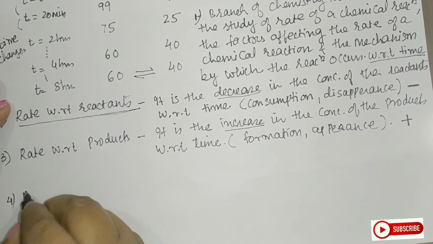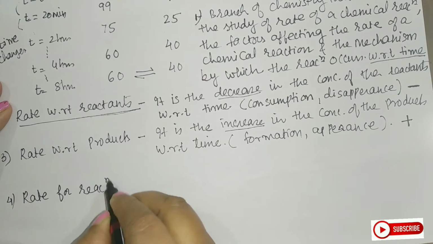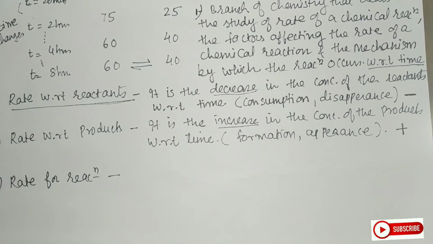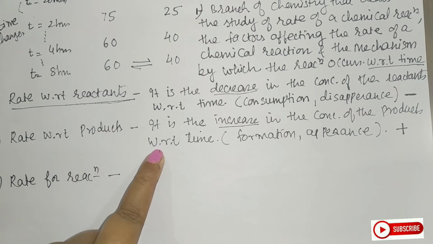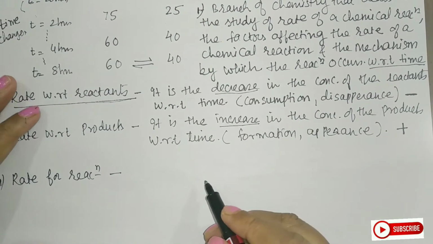Now let us create the definition for a reaction. So what is rate for a reaction? When I say for a reaction, we cannot restrict to reactants and products. So we will combine the above two definitions and try to write the rate of the reaction. So what is the rate of the reaction?